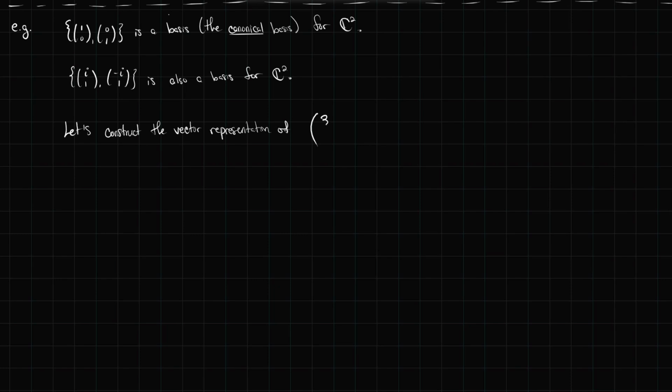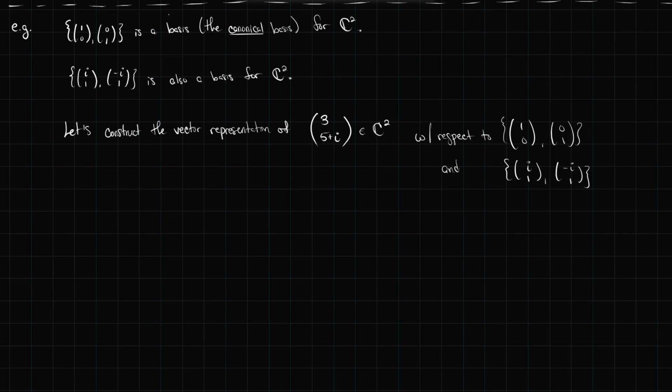What does it mean when I write (3, 5 plus i)? If I write (3, 5 plus i), which is an element of C2, what is its vector representation with respect to the canonical basis, (1, 0), (0, 1), and the non-canonical one, or one of the non-canonical ones, (i, 1), (negative i, 1)?